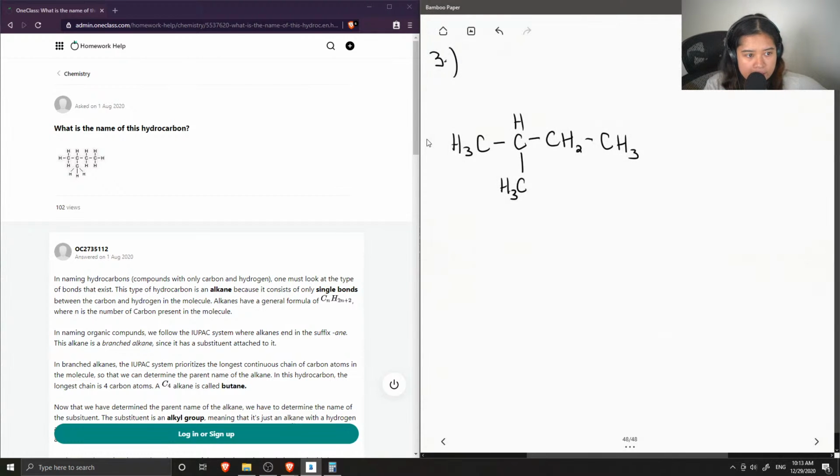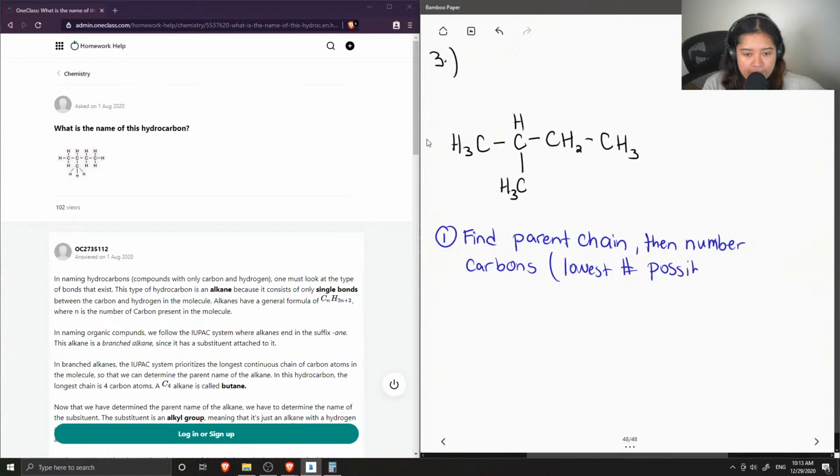So now in order to name hydrocarbons in general, we first want to find our parent chain, and then also number the carbons. And with naming things, we always want the lowest number possible when we add them all up at the end.